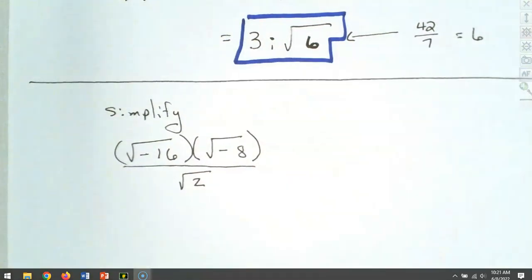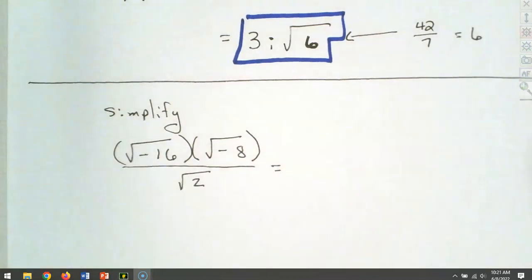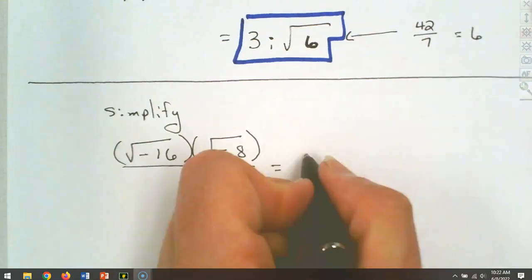See what we can do with this one. Well, first things first. Break up these roots as much as we can. So what about the square root of 16? That's a perfect square, so that is 4.